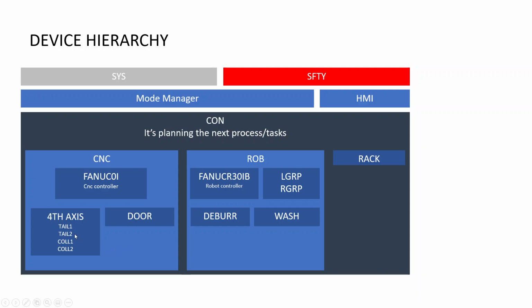And the other thing I didn't talk about here was this fourth axis control. With this fourth axis control, the CNC is basically controlling the tailstock positions and the expanding collet positions.